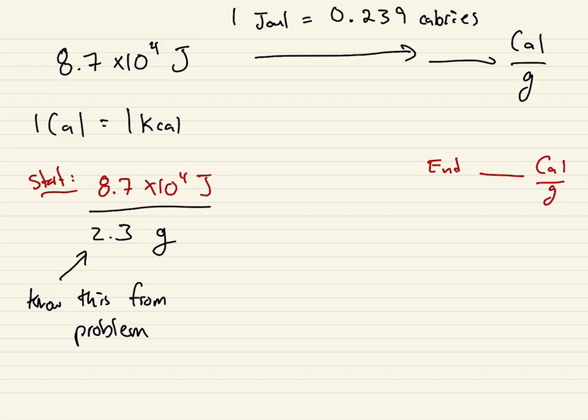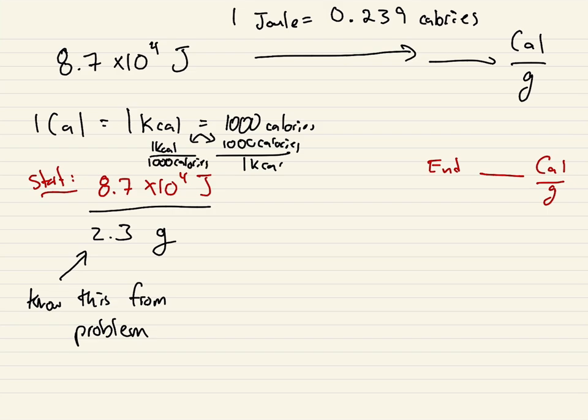Calories, right? So let's look at all the different conversion factors we have. 1 kcal should equal how many lowercase calories? 1,000, right? The same way that a kilometer is 1,000 meters. So this gives us two conversion factors, 1,000 calories over 1 kcal, which is the same thing as 1 uppercase calorie, and then 1 kcal is 1,000 calories.